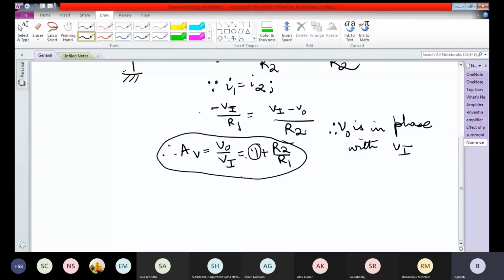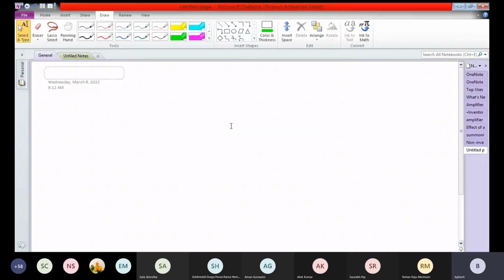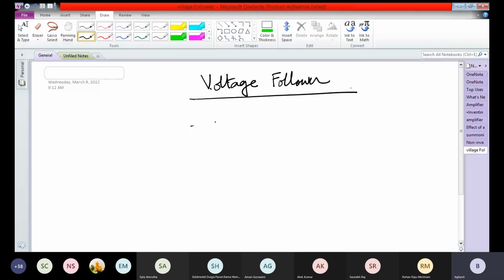Then we come to another circuit application called a voltage follower. At first sight, it may appear to be of little use.